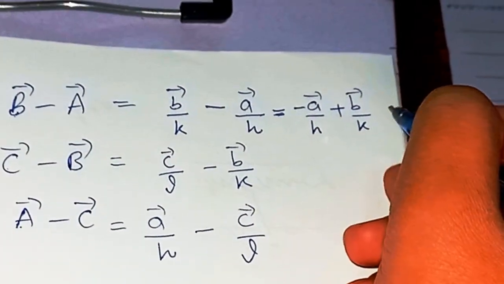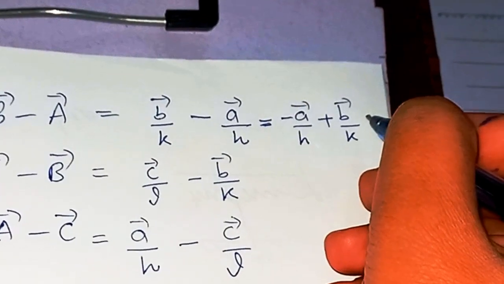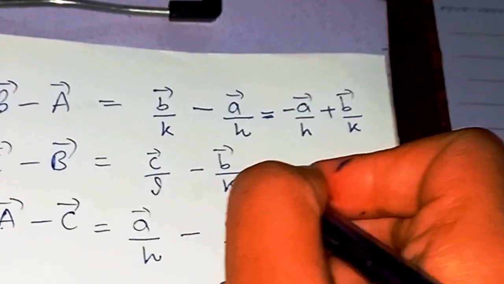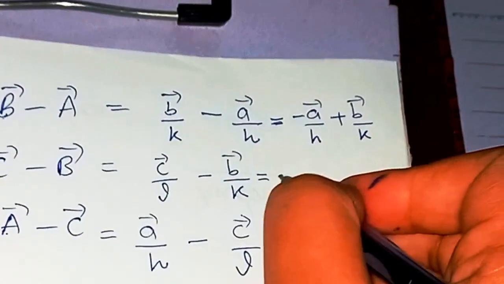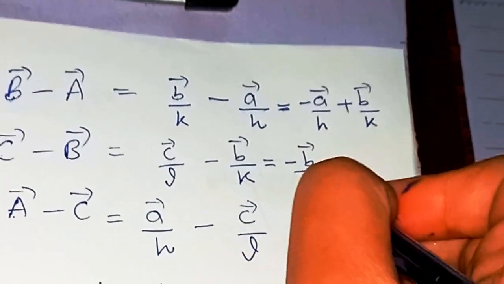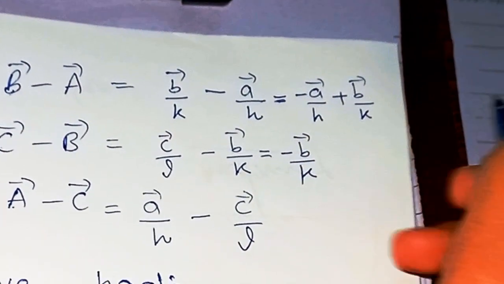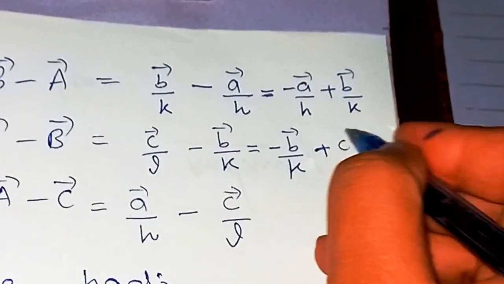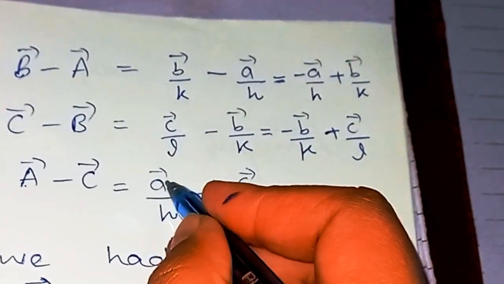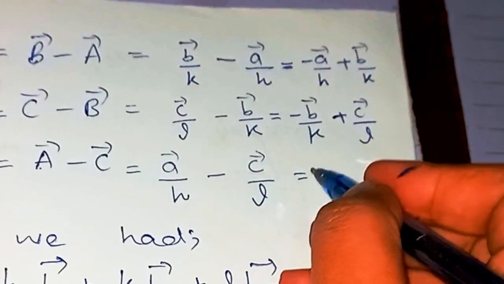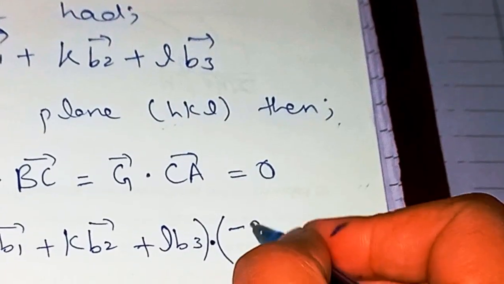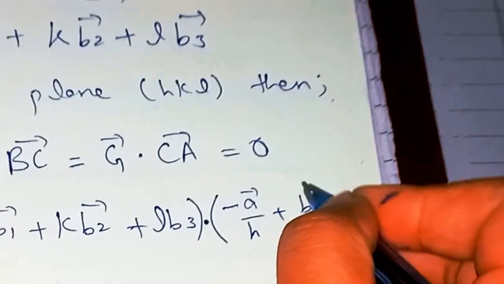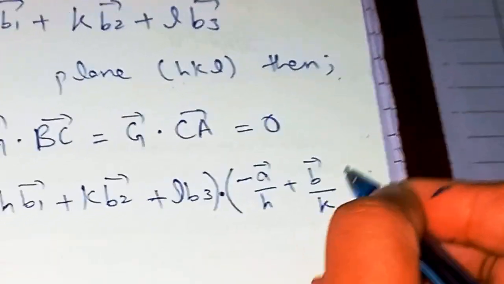And we can see that the C vector is 0, so we can write nothing. Then it doesn't have A, so next is B. We are just writing them in order because it will help in finding out the dot product. Then we have c by l. Here A is first and C, it's already in order, so let's write this one here: minus a by h plus b vector by k.